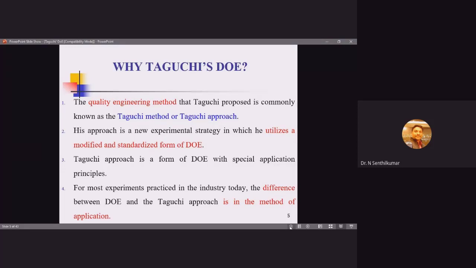Whether we take the mean or apply GRA, TOPSIS, MOORA, the utility concept, whatever it is. But in the case of Taguchi, it uses its own analysis procedure. So that is the method of application. It incorporates a design strategy and also an analysis procedure. That's the advantage of going with Taguchi's technique.